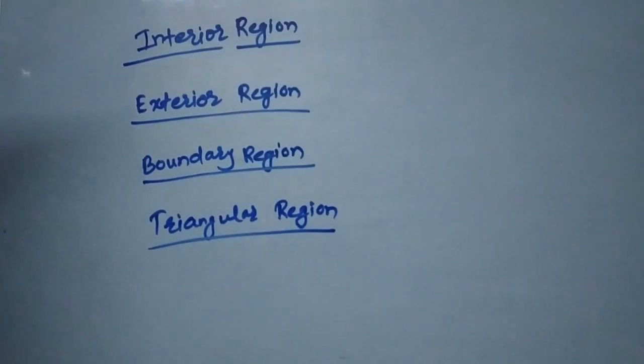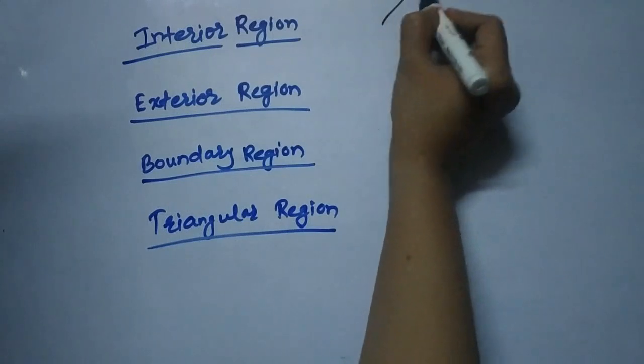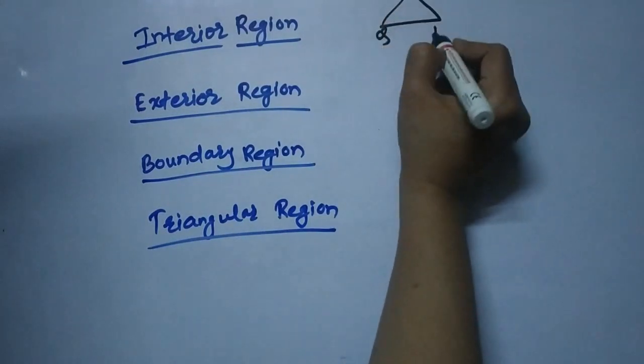So friends, now we will see the points which lie in different parts of the triangle. First of all, the points which lie inside the triangle are said to be in the interior region. So friends, for example, consider this one triangle PQR.